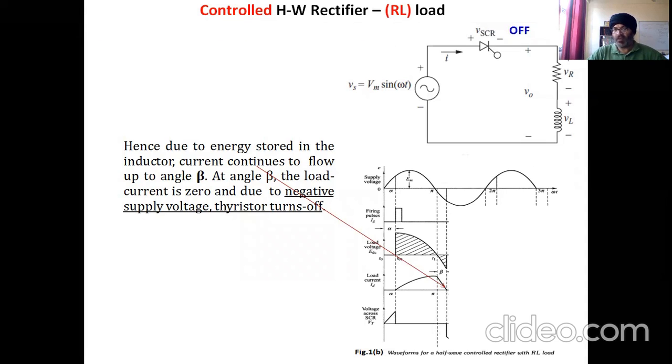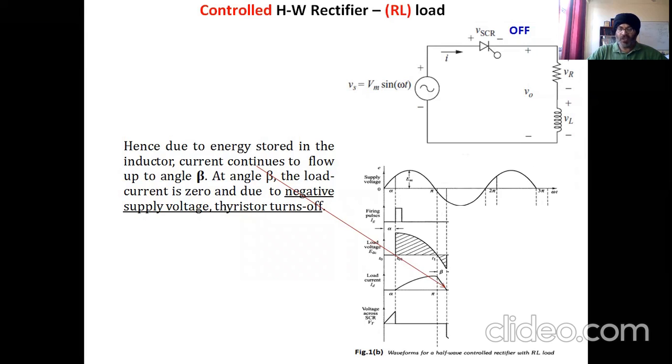So no current, no charge in the inductor. At that particular point, at omega t, where the current in the inductor becomes zero is called the extinction angle, denoted by beta.